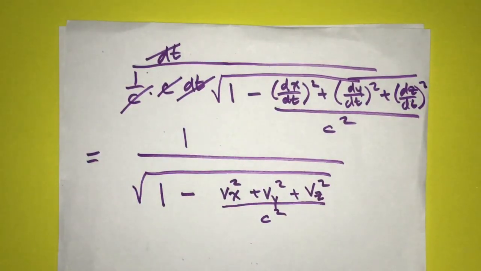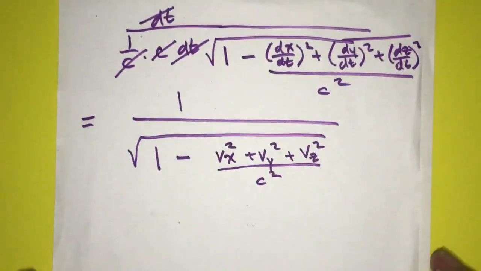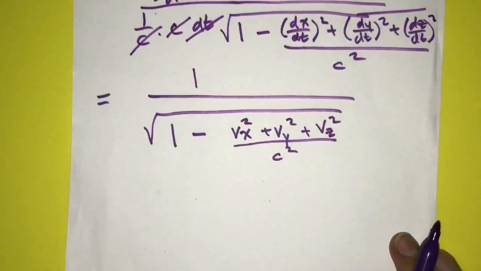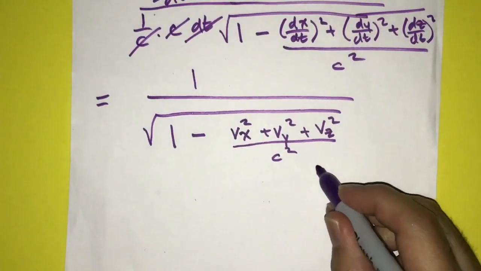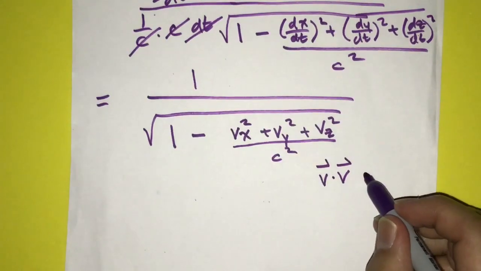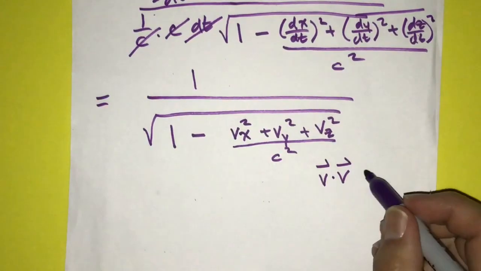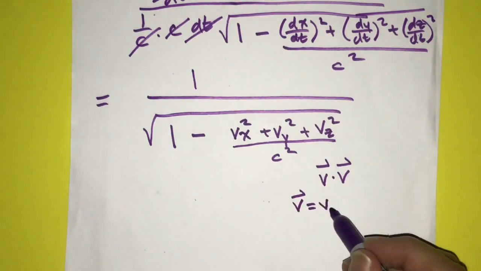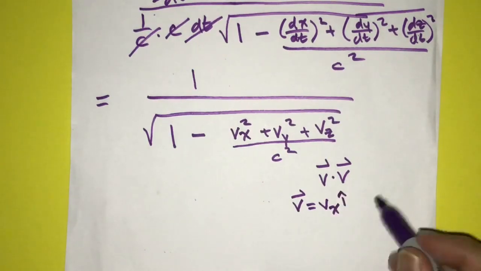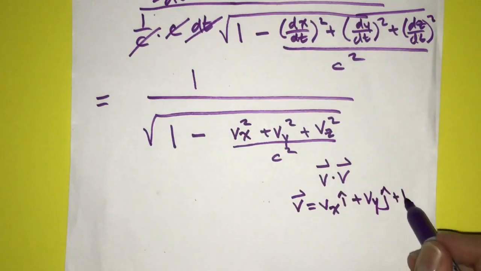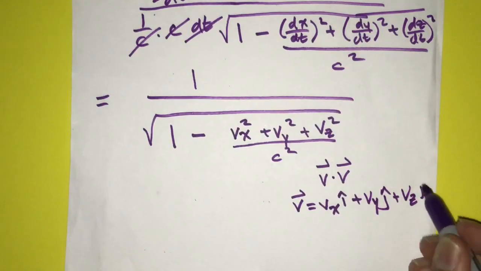Okay, so let's go ahead and take a little detour real quick. Here we're just talking about the space components of a vector. So let's take a look at this. Say we have a vector v and we dot it into itself. So what are we going to get? v equals v sub x i hat plus v sub y j hat plus v sub z k hat.